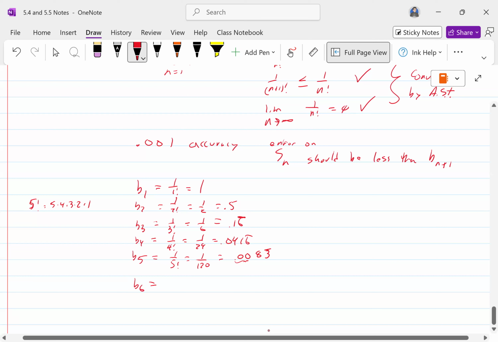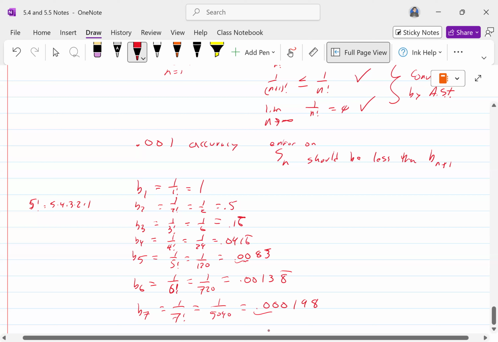So b_6 is 1 over 6 factorial, which is equal to 1 over 720, which is 0.00138 repeated. And then b_7 is 1 over 7 factorial, which is 1 over 5040, which is 0.000198.